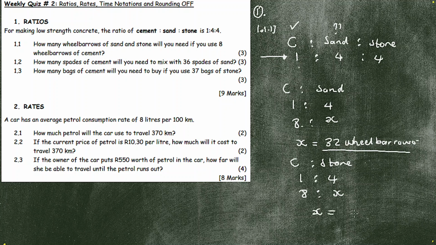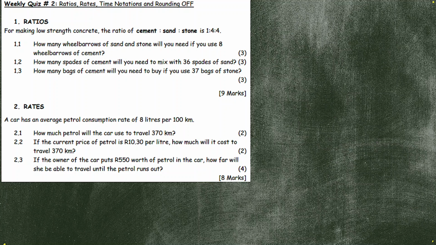Your x is 32 wheelbarrows. Now let's jump on to 1.2. It's 1.2, not 1.1.1.